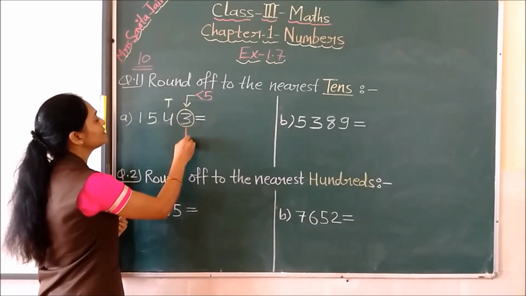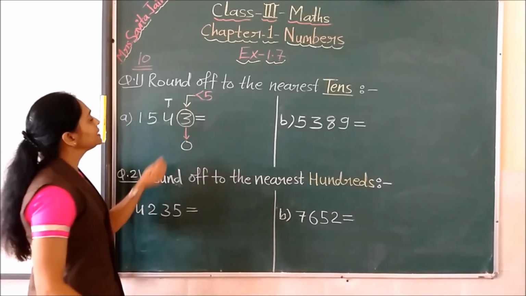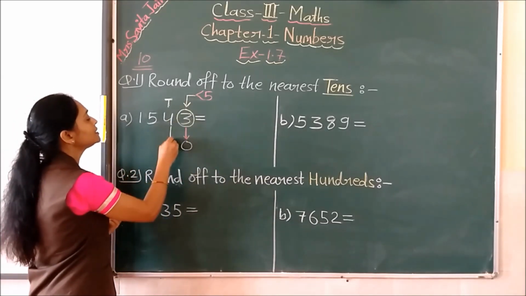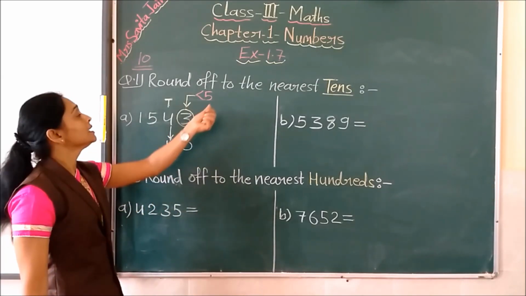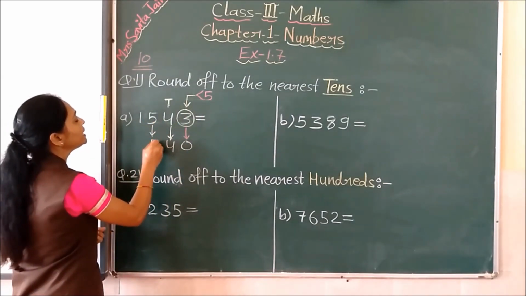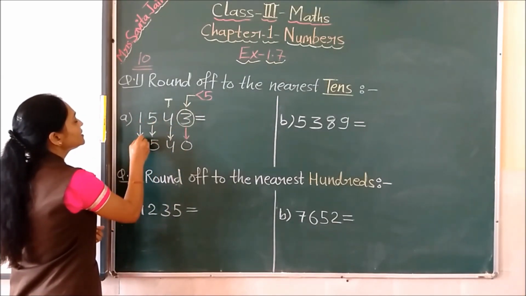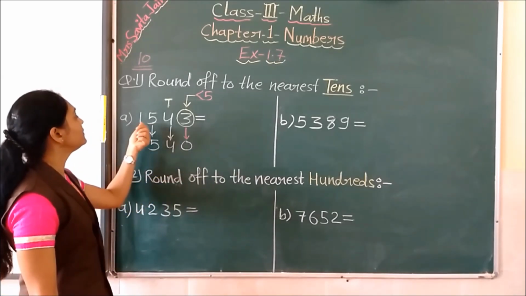So this one digit will be replaced by 0. And then the next will be similar as it is. 4 will be written 4 only because the 3 is less than 5. And the rest 2 digits also will be copied the same, as it is.